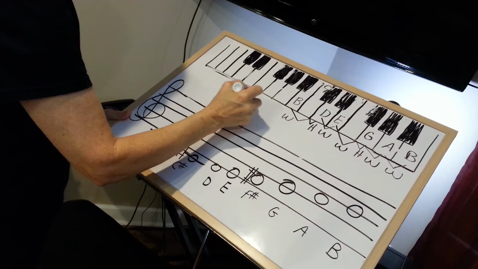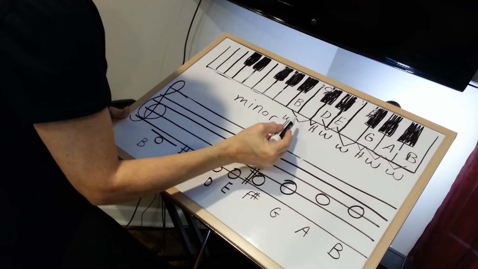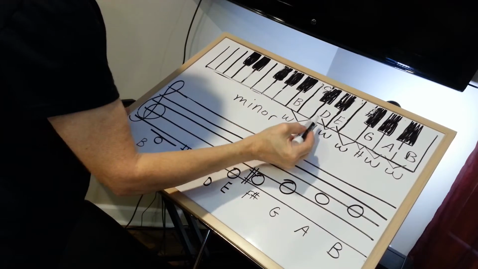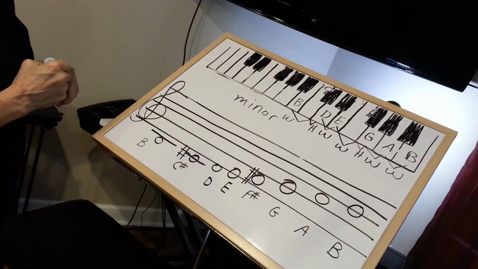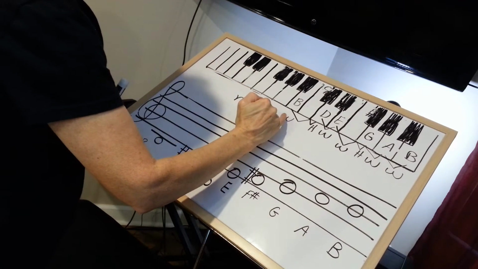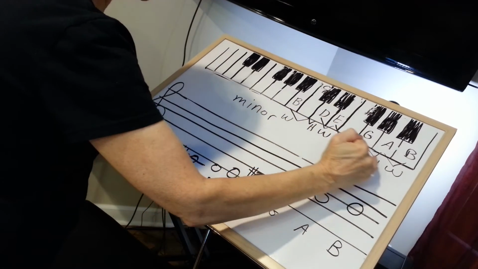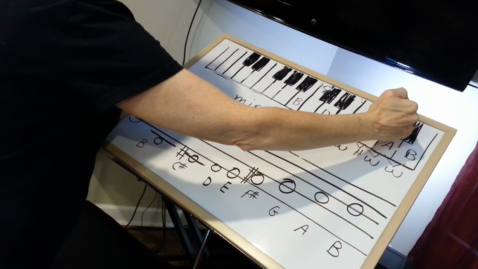It is minor. Now, early on, when you got right to here, whole, half, you might have said, oh, I know it's a minor. Make sure if you ever have a test of multiple choice, and if they say, is it none of the above, then you might have had to find the whole pattern, because what if there had been a B flat?